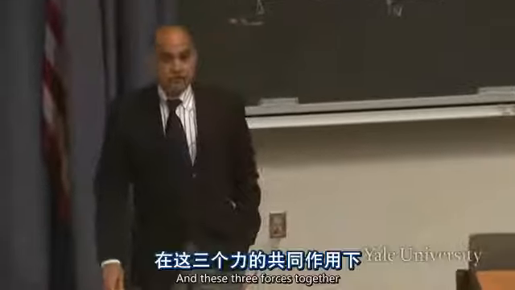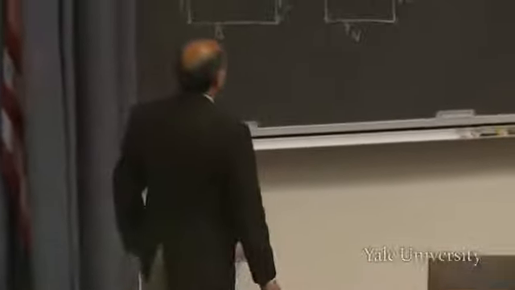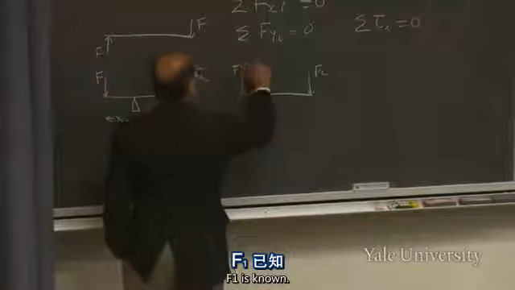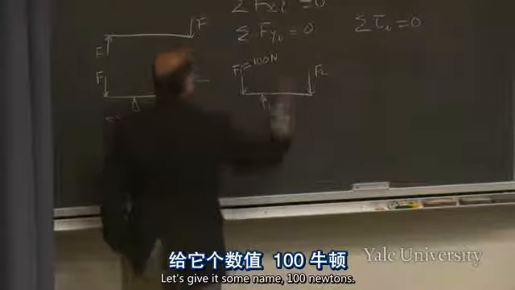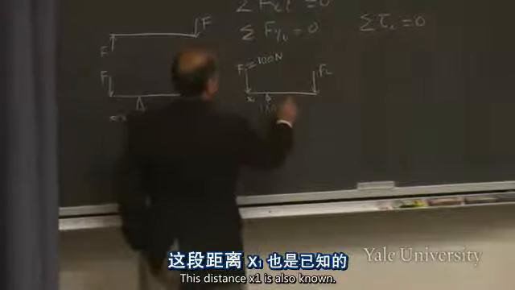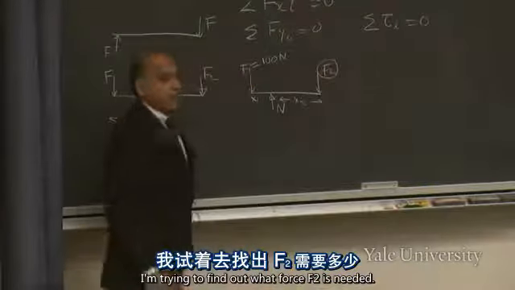And these three forces together should conspire to keep the body in equilibrium. So let's see. Here's what I want you to understand. F1 is known. Let's give it some name, 100 newtons. This distance x1 is also known. That distance x2 is also known. I'm trying to find out what force F2 is needed.